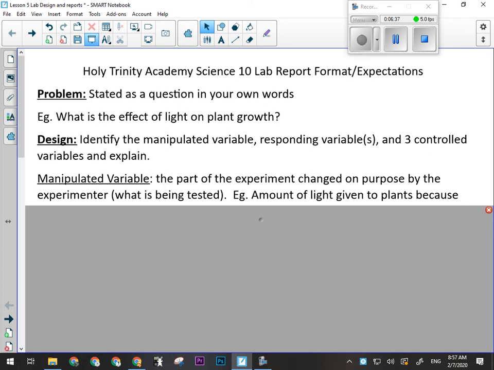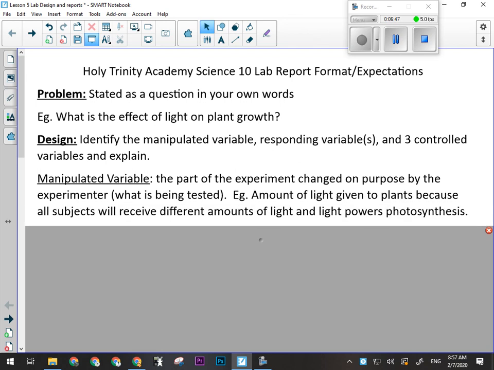For this particular experiment, the effect of light on plant growth, the manipulated variable would be the amount of light given to plants, because all subjects will receive different amounts of light and light powers photosynthesis. So in my explanation, I identify it. The manipulated variable is light, and here's why. It's manipulated because everybody's getting a different amount of it, and it affects something they do.